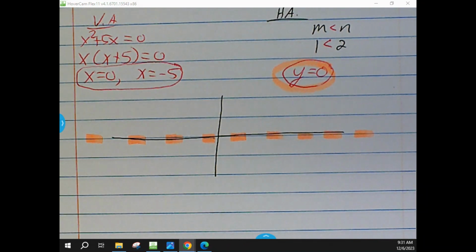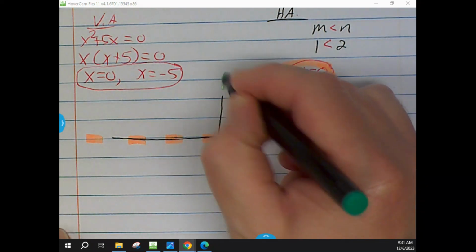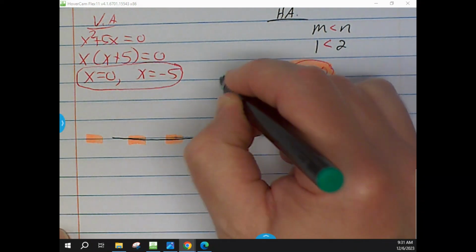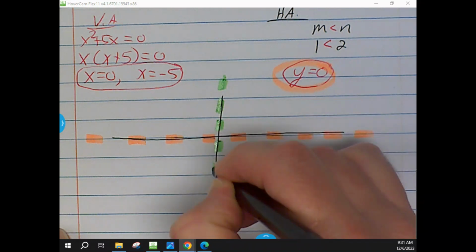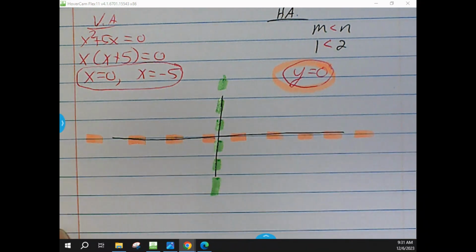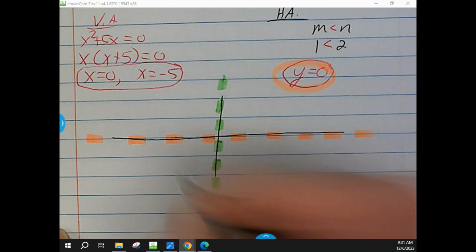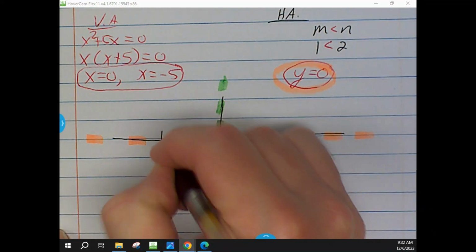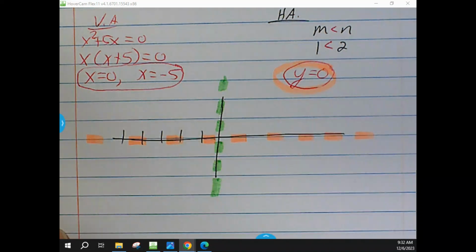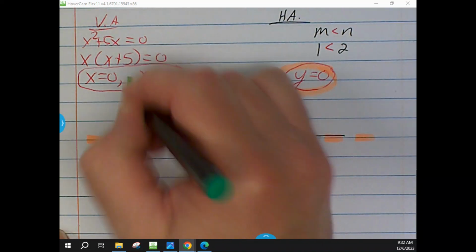Okay, now we get two asymptotes. We've got one at x equals 0, so we've got one going this way. We've also got another one at negative 5. So we've got another one back here.